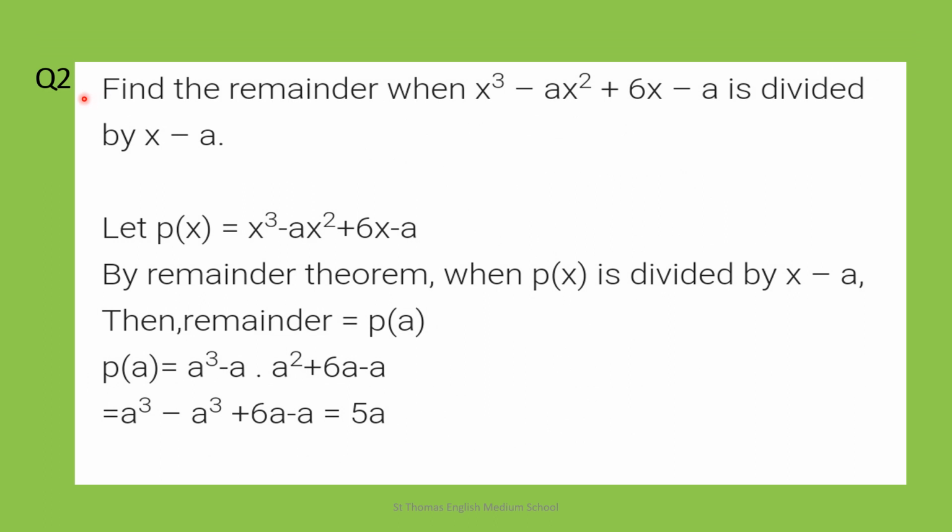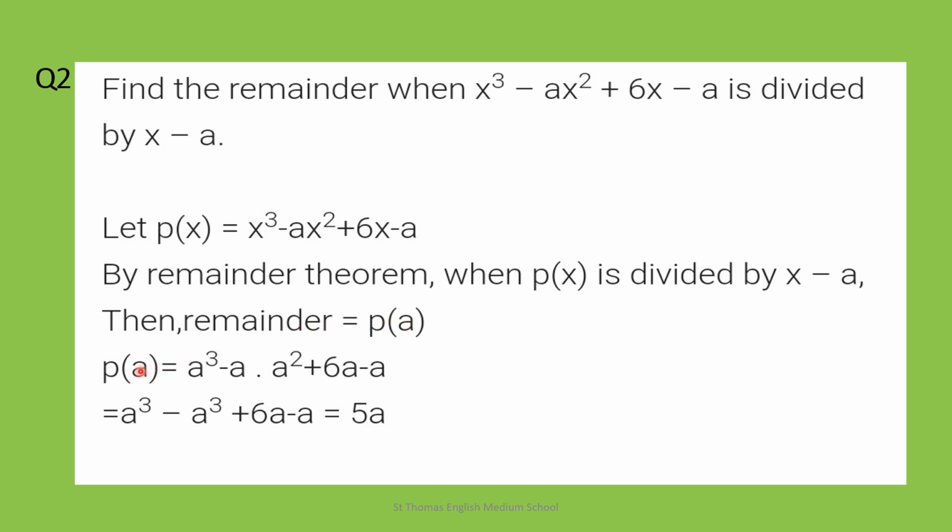Now, question number 2. Find the remainder when x cube minus ax square plus 6x minus a is divided by x minus a. Let p of x, the given polynomial, equal x cube minus ax square plus 6x minus a. By remainder theorem, when p of x is divided by x minus a, remainder equal to p of a. Now, in the given polynomial, you are replacing x by a.